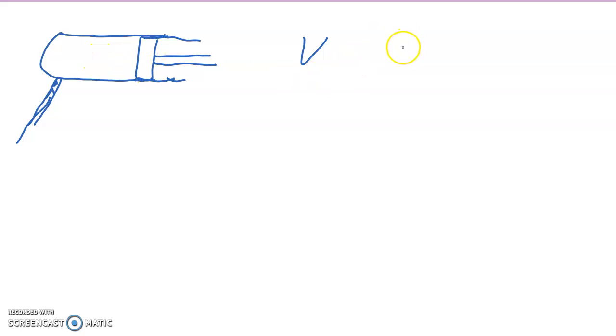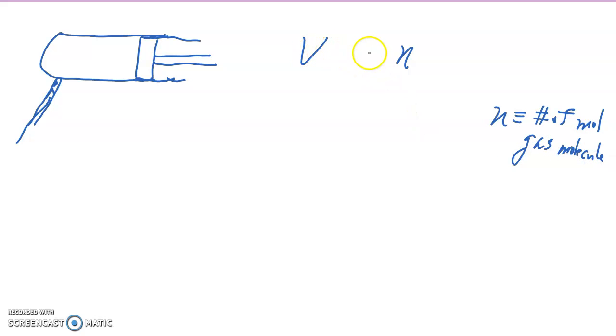Let's call that N, where N is the number of moles of gas molecules. So volume will be proportional to that. If I have to put a proportional constant, I'm going to call that constant C.